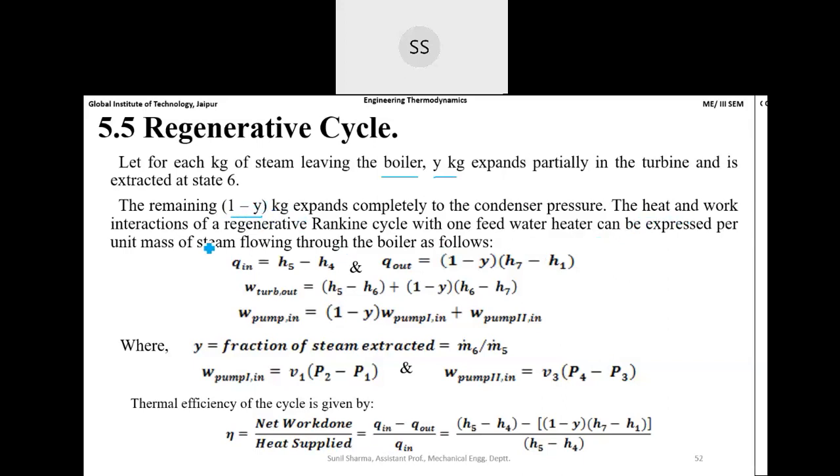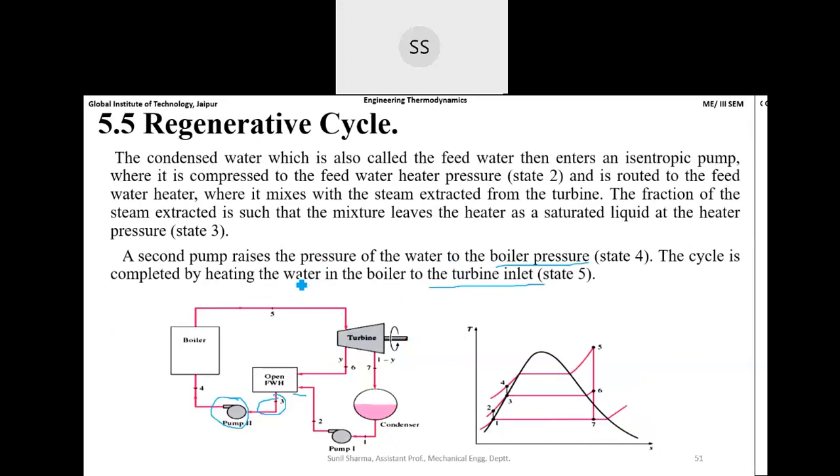The heat and work interactions of a regenerative Rankine cycle with one feed water heater can be expressed per unit mass of the steam flowing through the boiler as follows. Qin is equal to H5 minus H4, this process in the boiler.